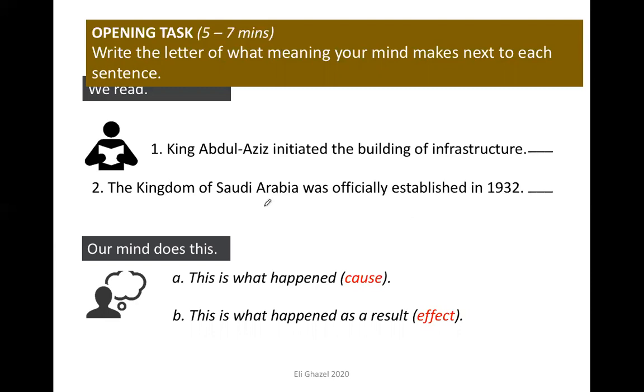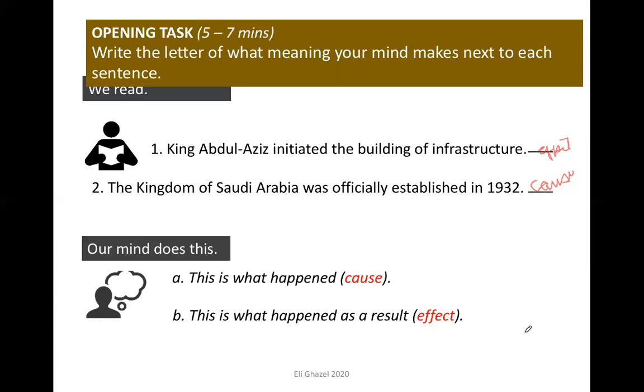Well, when Saudi Arabia officially became Saudi Arabia, it caused King Abdulaziz to initiate the infrastructure. So King Abdulaziz initiated the building of infrastructure after he made the country the Kingdom of Saudi Arabia in 1932.